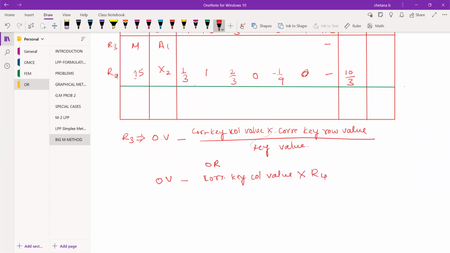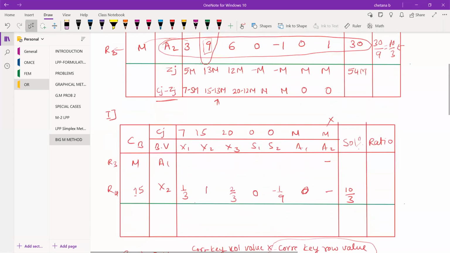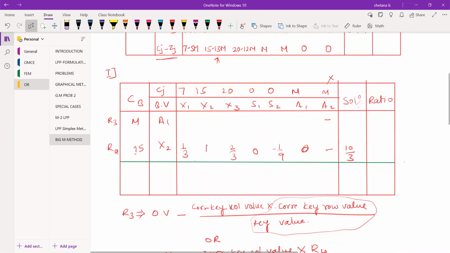Now, if you see this, what does it indicate? You can take both the tables and think that whatever R4 you can see is nothing but the corresponding key row value divided by key value. You can write it in other words.